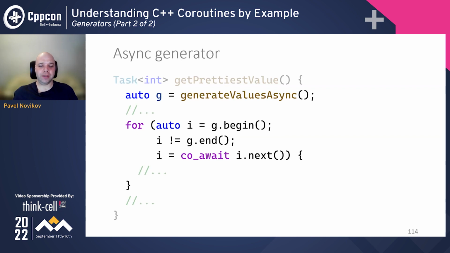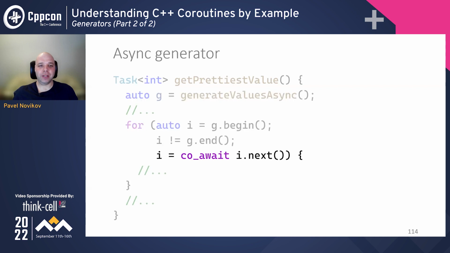We can kind of try to shove the interface into a for loop with iterators, but this feels kind of awkward because we can't just increment the iterator. We need to asynchronously wait for some kind of notion of the next value or next state, next iterator.